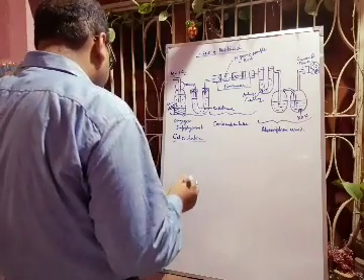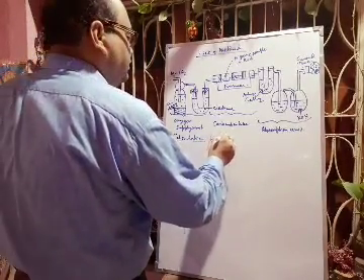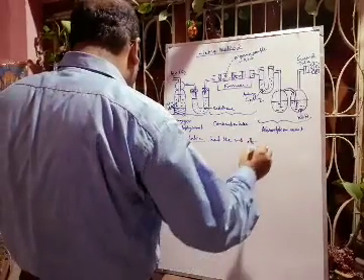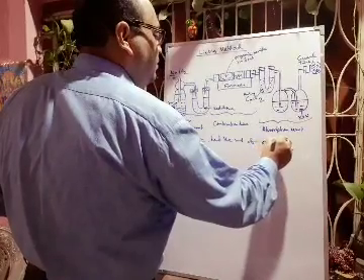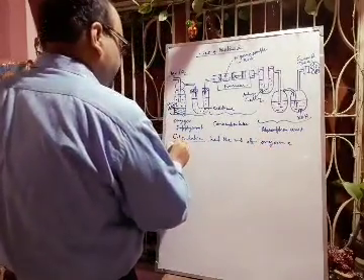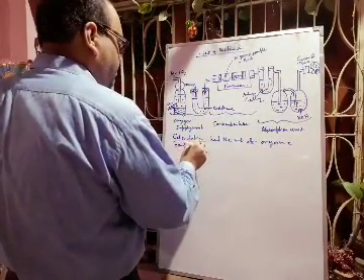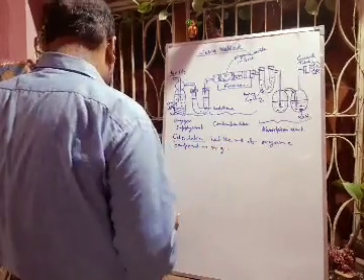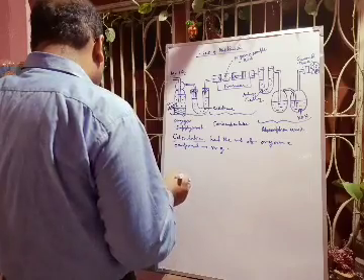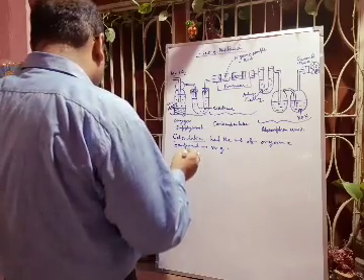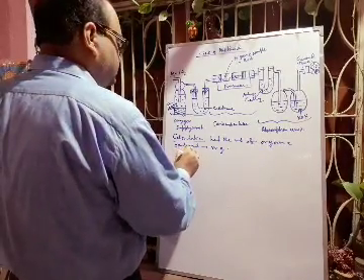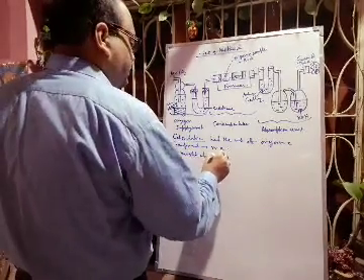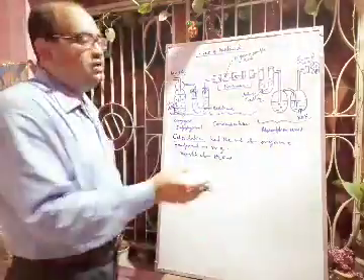First you take, let the weight of the organic compound be W gram, and the weight of the water vapor, that you can easily calculate from before and after.